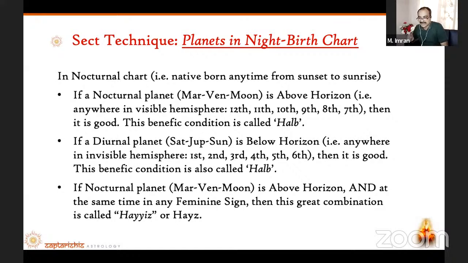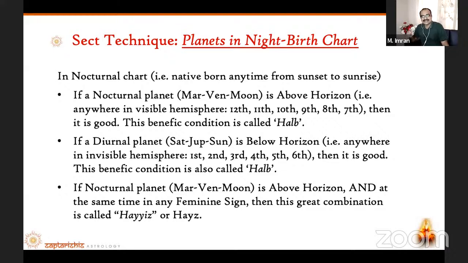Suppose you are born at night and your Jupiter is in the ninth house; it is not very favorable to you. It is a natural benefic and it may give some good results related to the ninth house of fortune, but it should ideally be in an invisible house. Jupiter in the fifth or fourth house in a night chart is a great asset rather than Jupiter in the ninth or tenth. So this is a help.